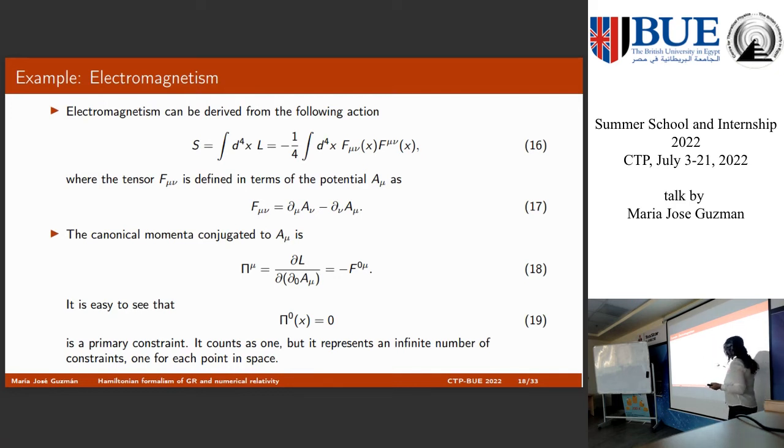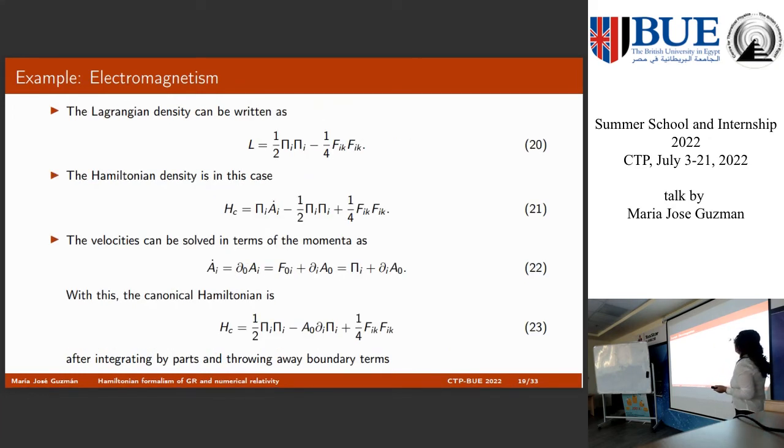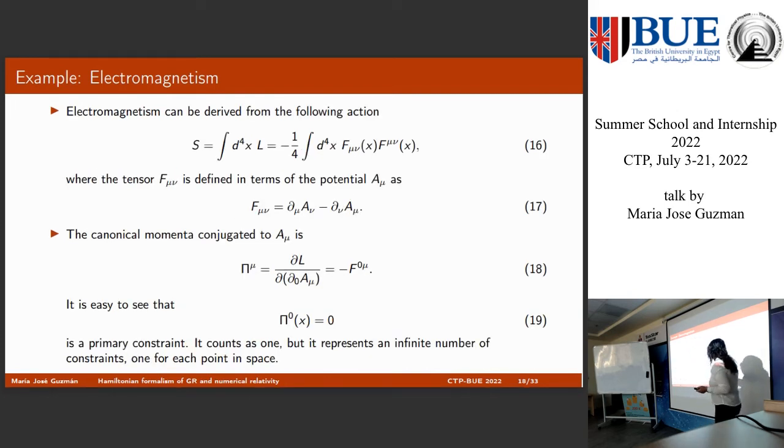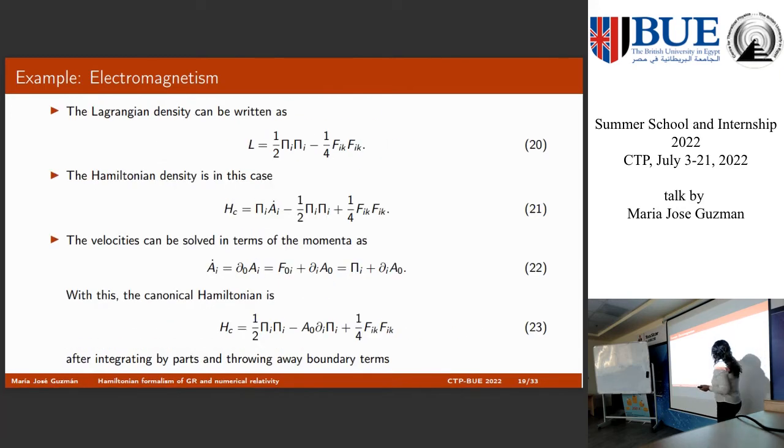Therefore, I can solve for the velocities in terms of the momenta, and I can rewrite the Lagrangian density in terms of the momenta and in terms of this spatial part of the f mu nu. Here, these indices i represent space coordinates, and mu equals 0 represents time. So here I only have spatial derivatives which do not encode any dynamics in time. They are just spatial derivatives. And here I have the kinetic term.